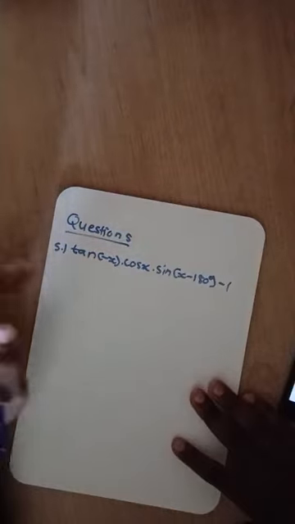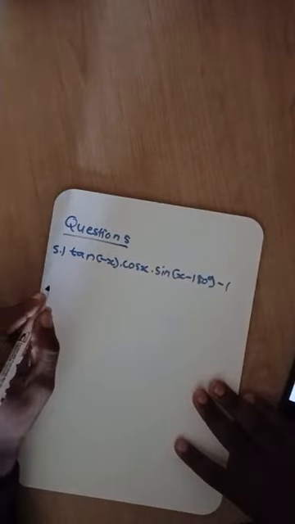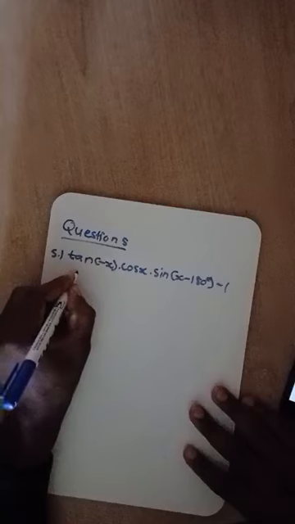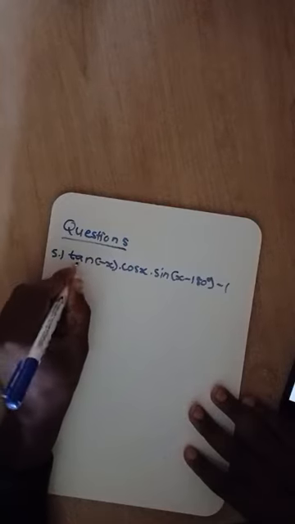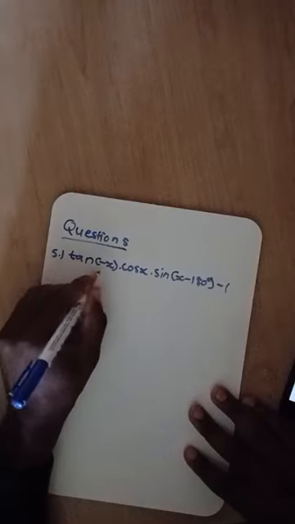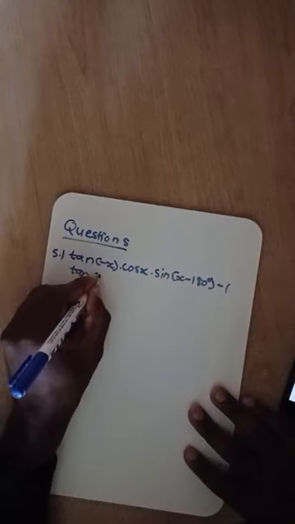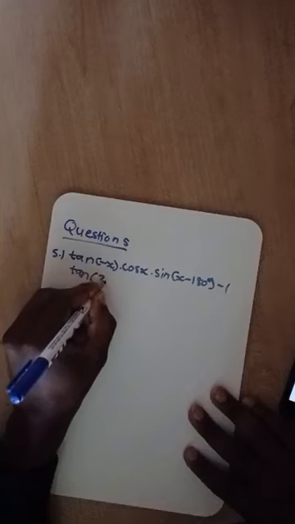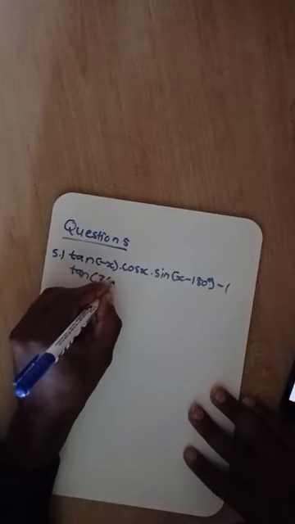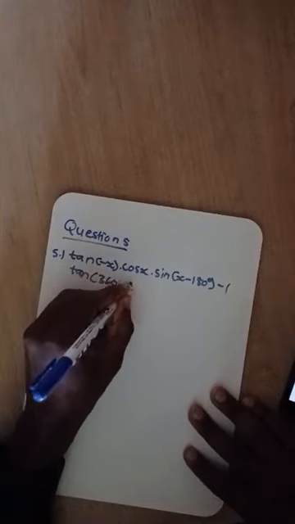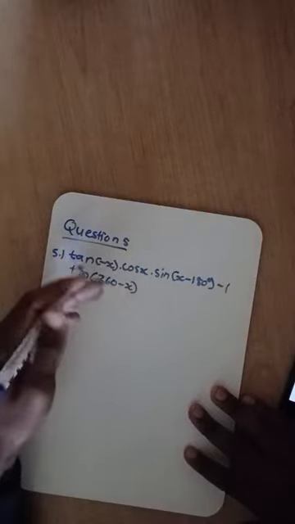The first thing when you see tan and you're doing simplify, always just know it's sine over cos. So the first thing to do here, we know tan of negative x is simply going to be tan of 360 minus x, because every time you see a negative angle, we add 360.